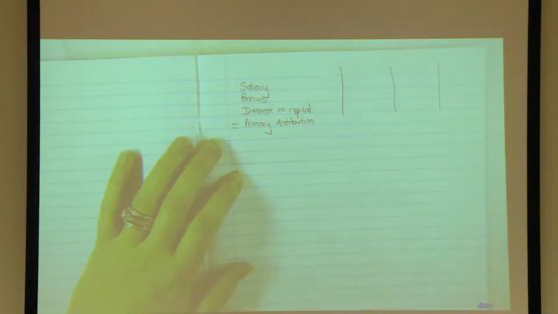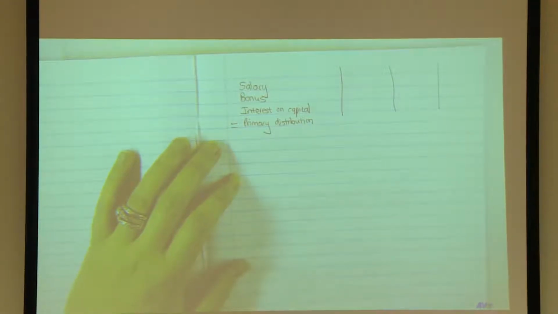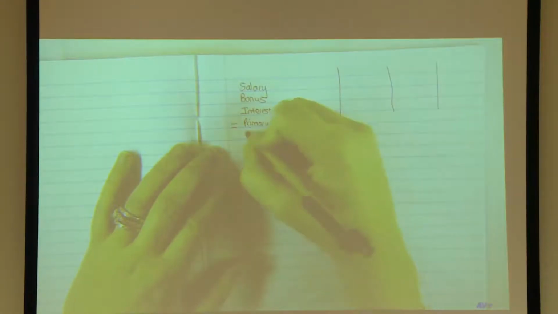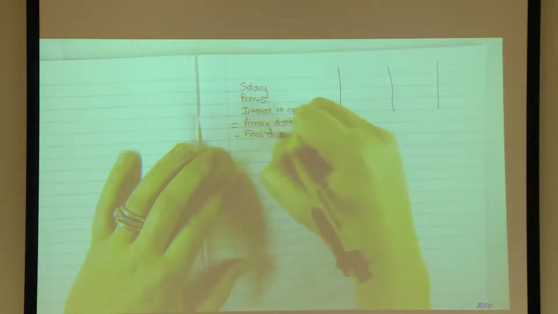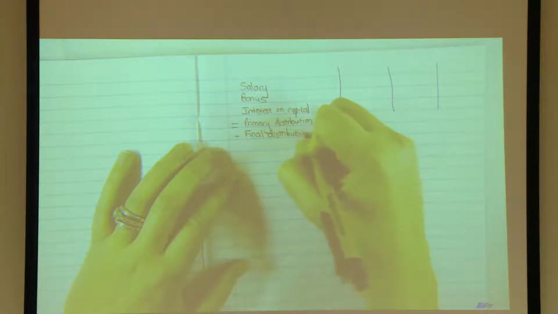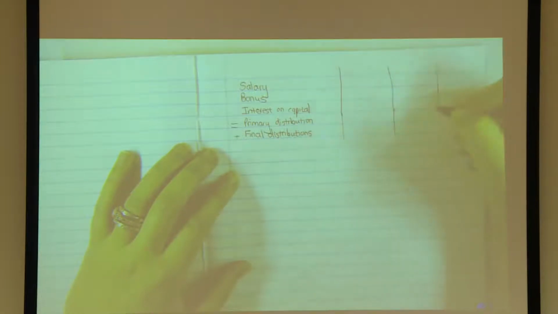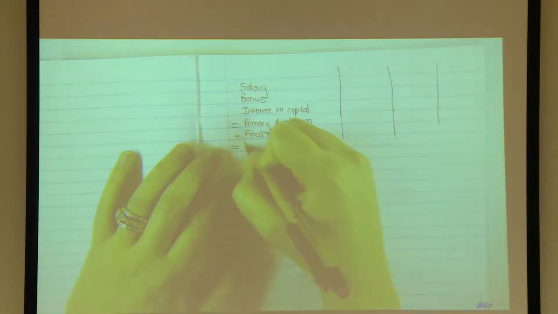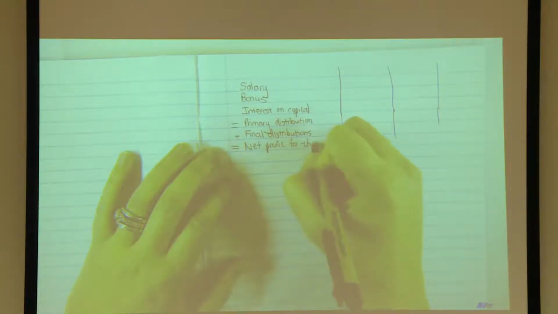This is your current account note. The remaining is shared according to a specific ratio. That remaining is called what? So, plus final distributions of profits equals the net profit for the year.